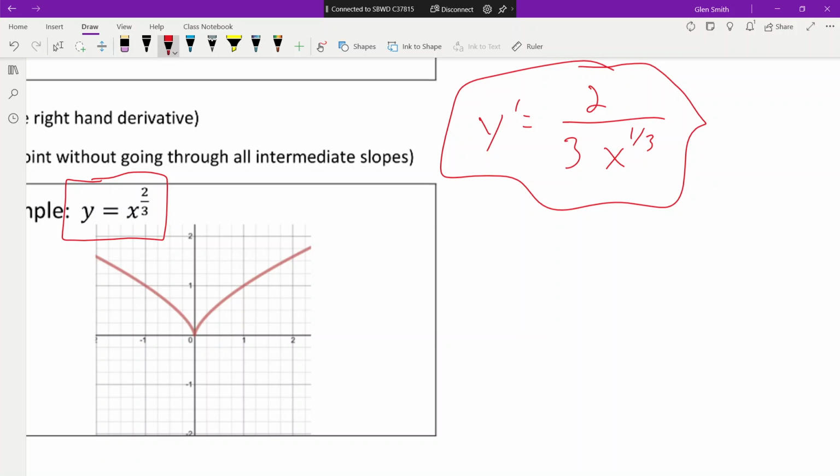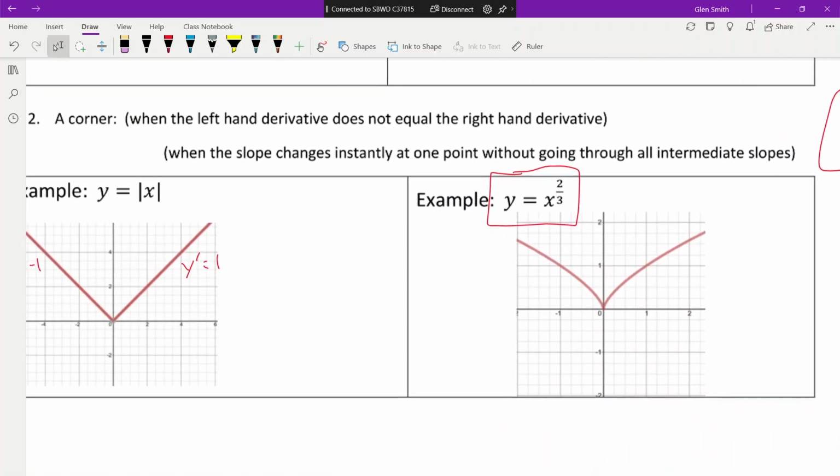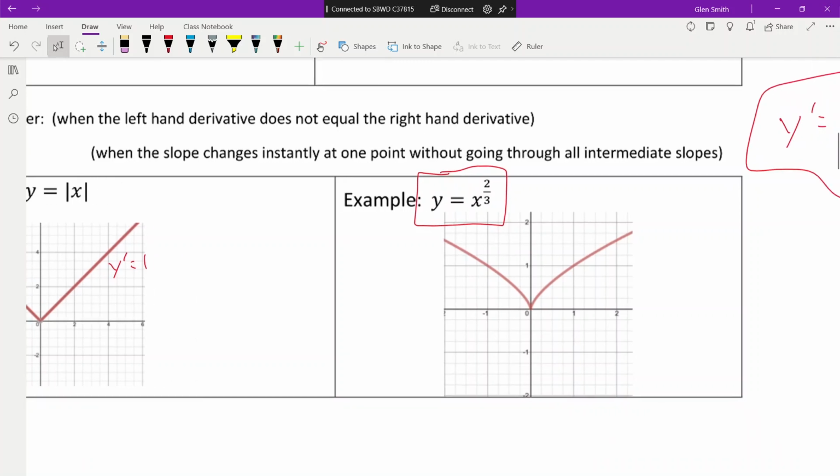Wherever it's undefined, it's not differentiable. Make sense? Now, some functions are harder to do. With absolute value, it's tougher to talk about the derivative of that thing. But for some functions, if I ask where it's not differentiable, you can just derive it and see where it's undefined. And undefined for us is largely going to be dividing by 0. There are other things that could happen, but really we're looking for dividing by 0 in a Calc 1 class most of the time.